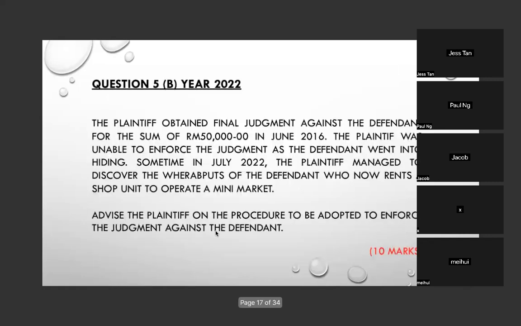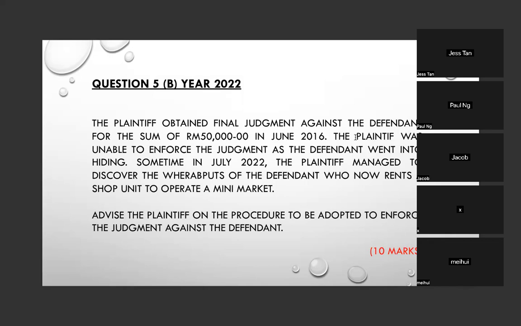All right, we move on to another question in year 2022. Okay, question 5B. Okay, the plaintiff obtained final judgment against the defendant for the sum of 50,000 in June 2016.